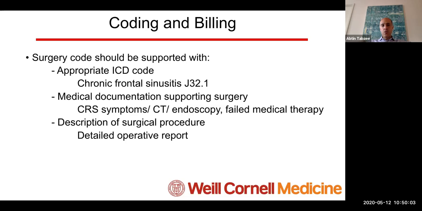The codes that are out there should be supported by diagnosis codes. So the ICD code for chronic frontal sinusitis is the most common one used. That's the one shown here. And then when you do the actual surgery, you have to have an operative report that details what you've done.